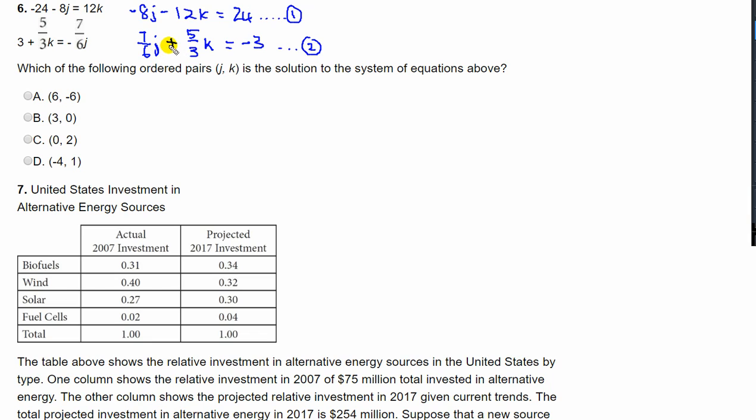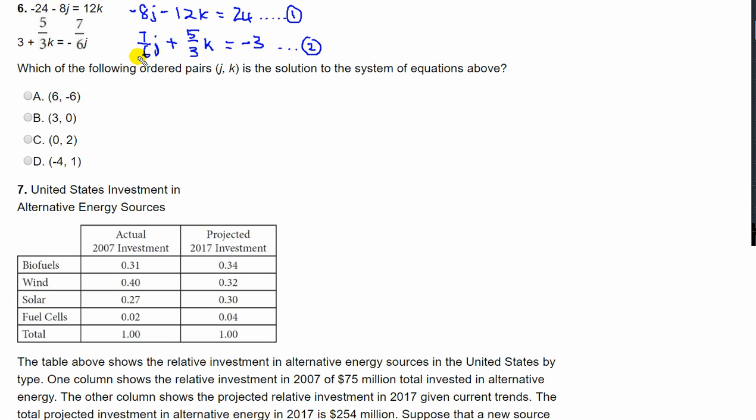The elimination method would be to make the coefficient of one of the unknowns the same for both equations. That means if I want to eliminate j first and end up with k only, then first I have to make the coefficient of j for this equation and for the second equation the same.